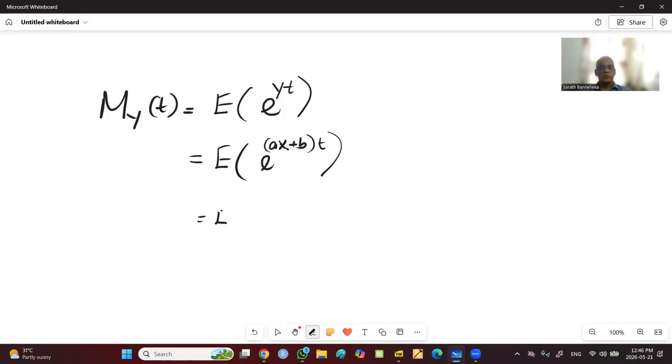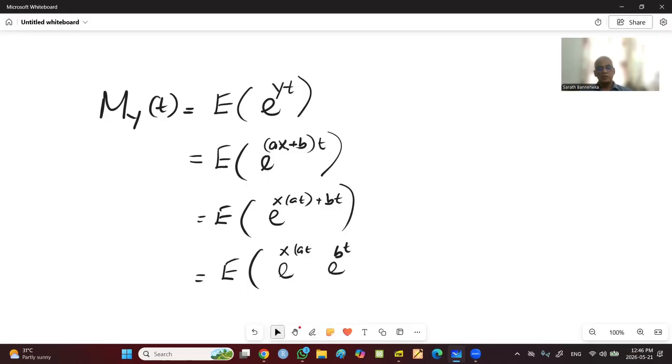So this is the expected value of e to the power x times at plus bt. I can write this again as the expected value of e to the power x times at, times e to the power bt, because when you multiply two e to the power terms, the exponents add up.